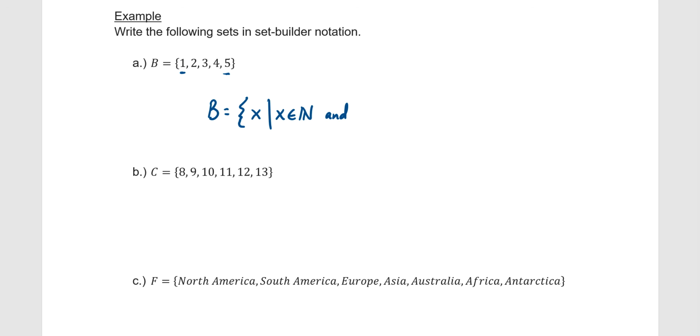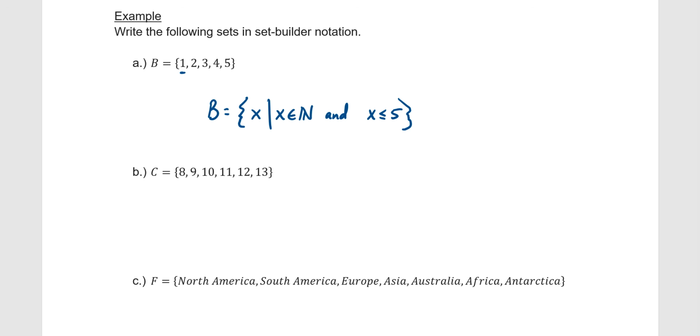So there's actually a couple different ways we can write this. There's always going to be a couple different ways we can write these. If it's between 1 and 5, we can say that x is less than or equal to 5, because if it's less than or equal to 5, it has to start at 1 because it's a natural number and that's where the natural numbers start.